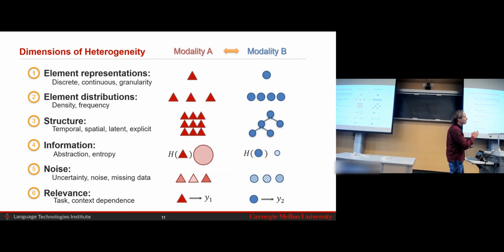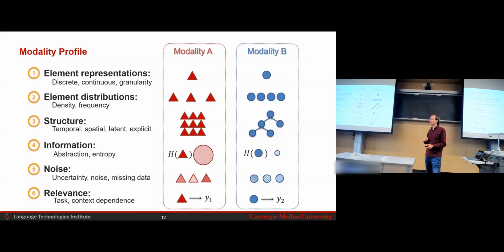We call it dimensions of heterogeneity. We've been debating that because we study this as we are working on multimodal. We could have also called it modality profile. If we look at it in a really unimodal way, each modality has its own profile.